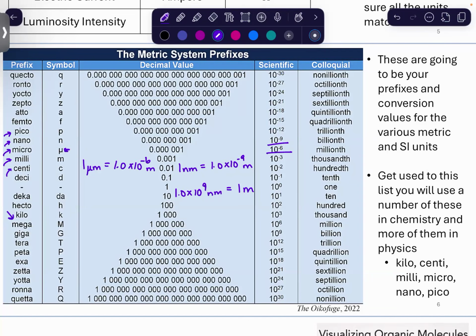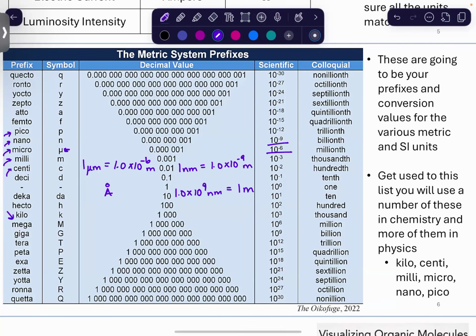Now there's one that's not on here that you'll see a lot in chemistry, and it has this symbol, an A with a circle over the top. That is the angstrom. Depending on the textbook, it's angstroms or picometers, but those are really going to be your measures of bond length in a molecule.